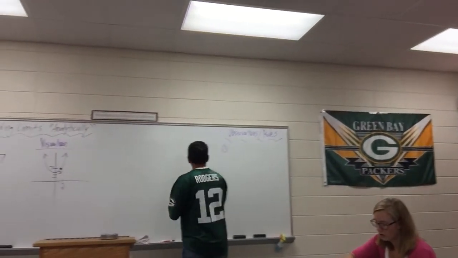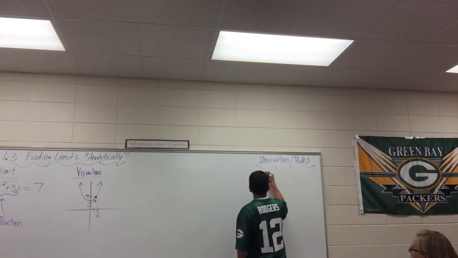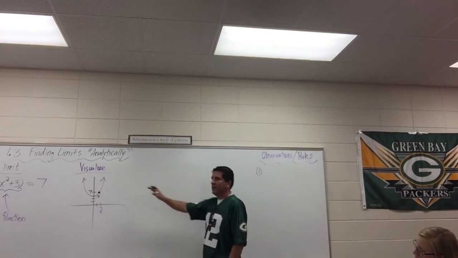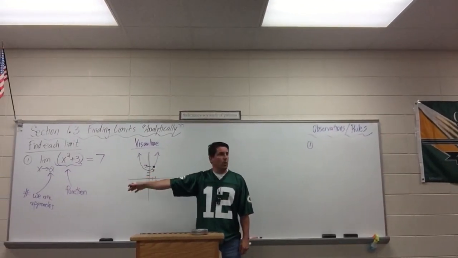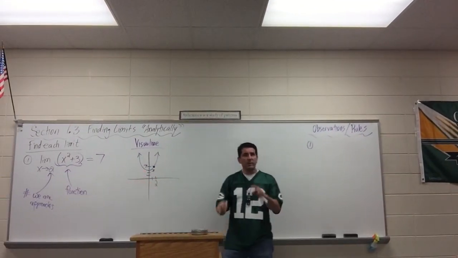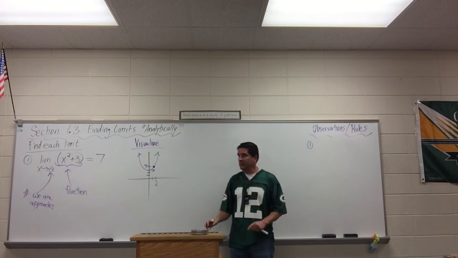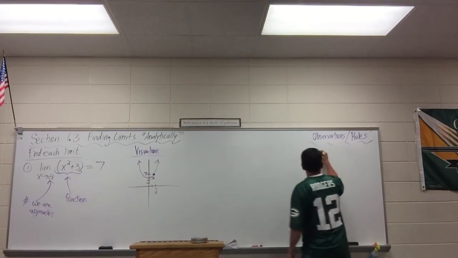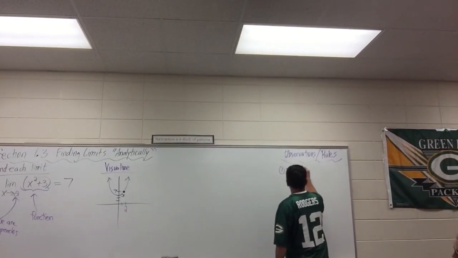Okay. So we can say if there are no asymptotes, no holes, no points of what we call discontinuity, then you can do what? Just plug it right in. Okay? So here's a rule.